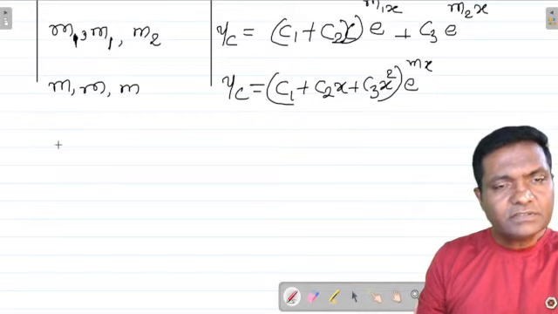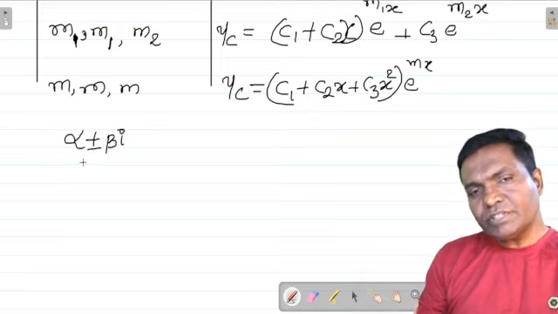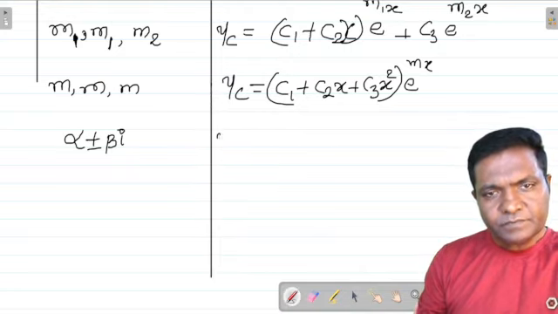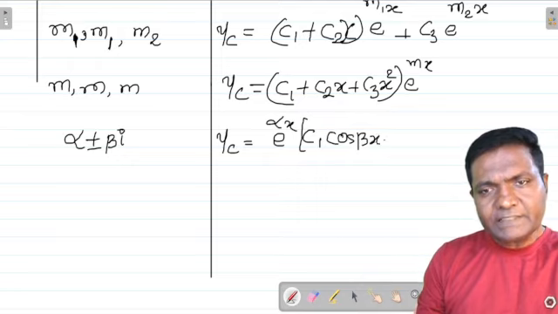If the roots are complex, suppose you got roots as alpha plus or minus beta i, then yc you have to write e^(alpha x) into (c1 cos beta x + c2 sin beta x).